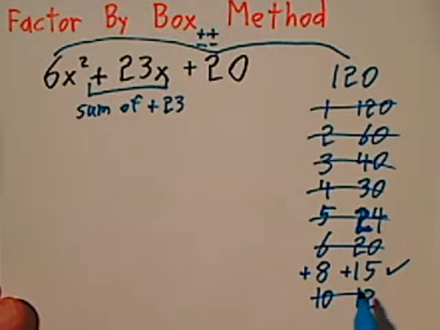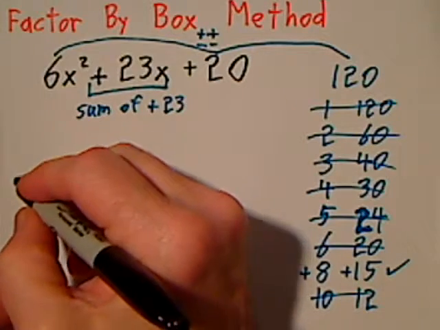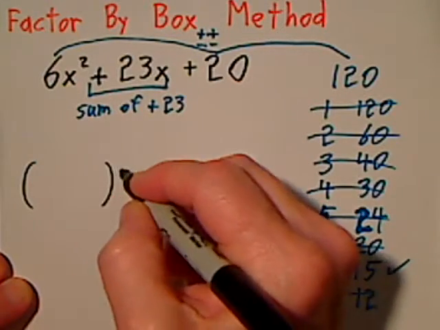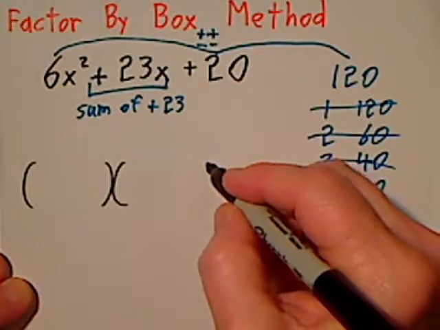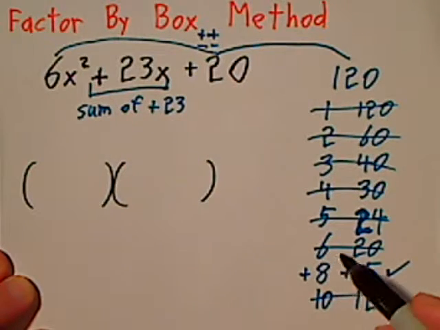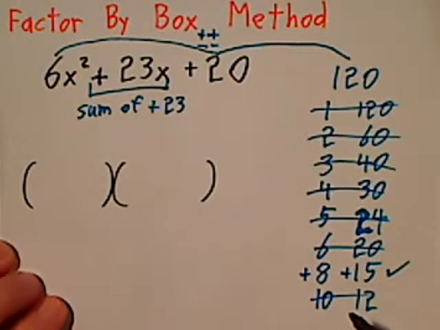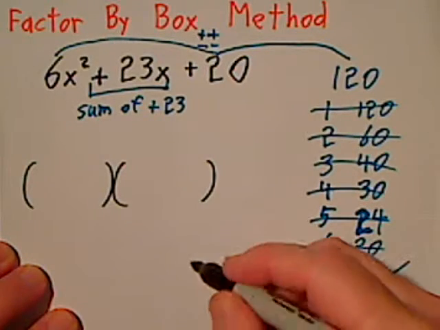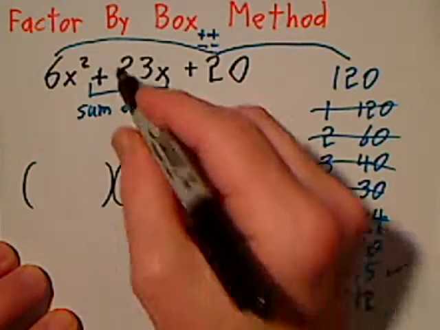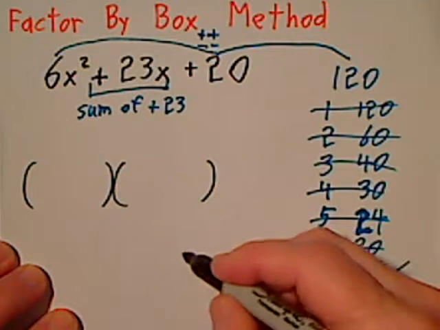Okay, but unlike before, I can't just use my 8 and 15. I can't just put them directly into my parentheses here. Because if you think about it, 8 times 15 certainly won't give me a 20, even though it will give me my middle term, my 23.